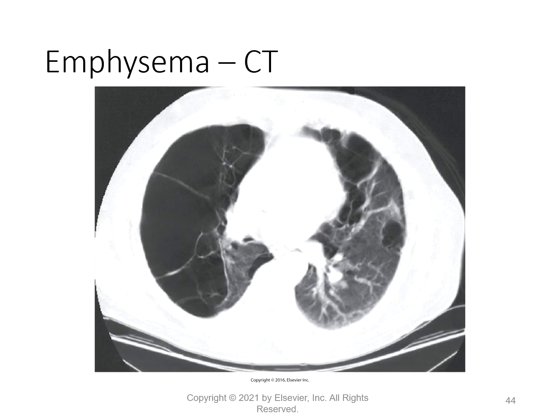Here's a CT exam where you can see the complete destruction of those alveoli because of long-term hyperinflation. They've basically broken down, and this patient is left with minimal still functioning alveoli here.